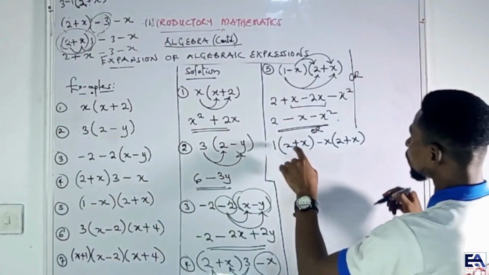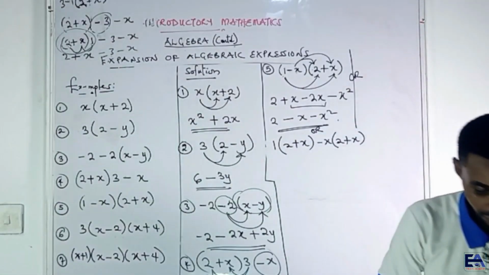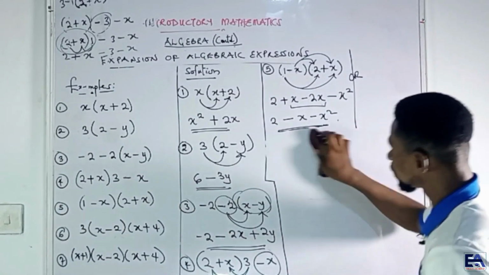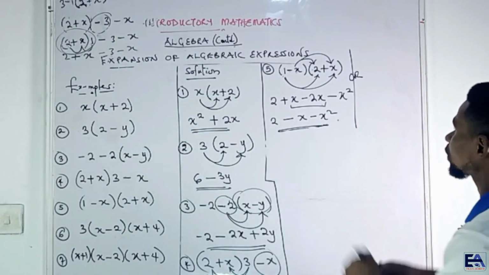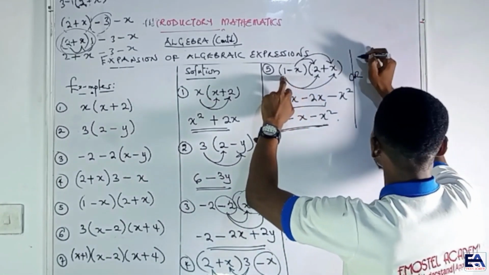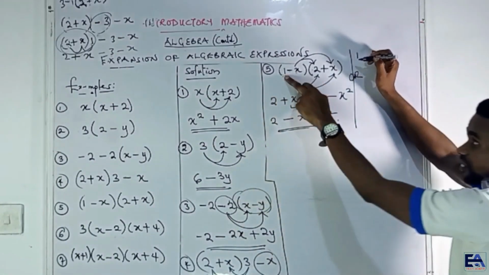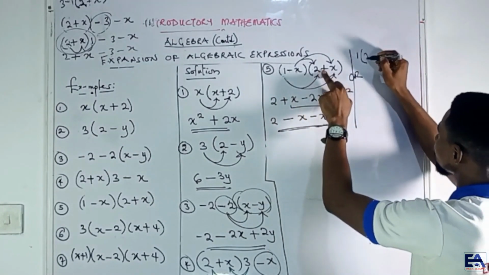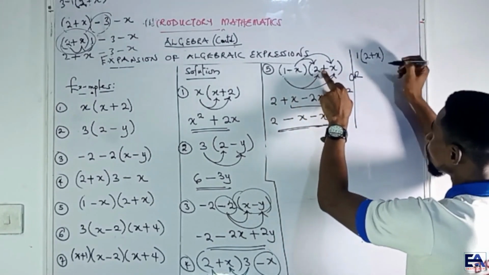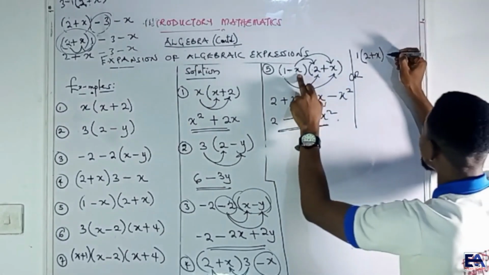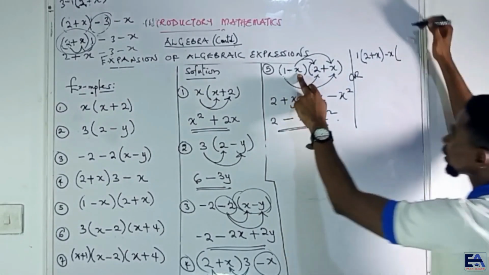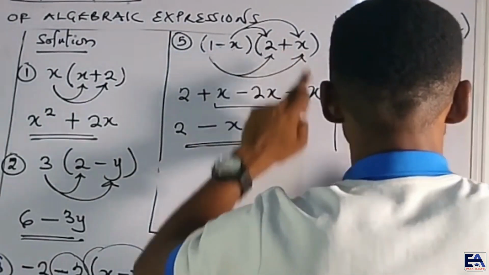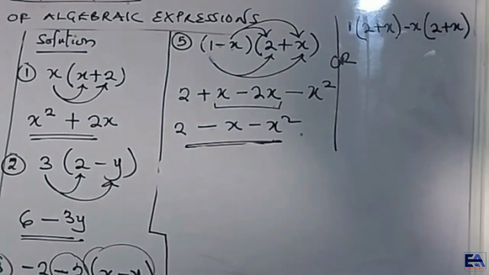Alternatively, you consider it as this: 1, this first number here in the first bracket, multiplies everything in the second bracket. Then minus x multiplies everything in the second bracket, which is 2 plus x. Okay? All right, so that's how it goes.